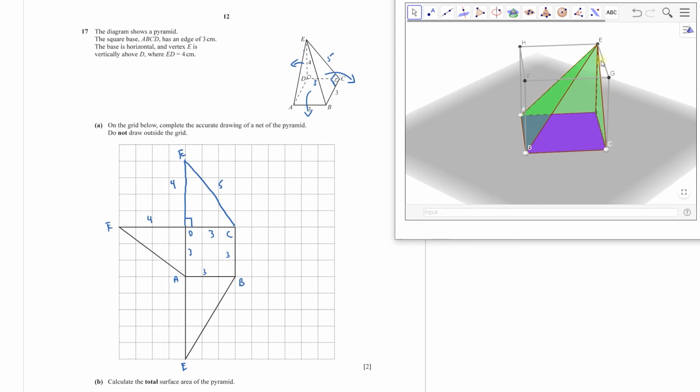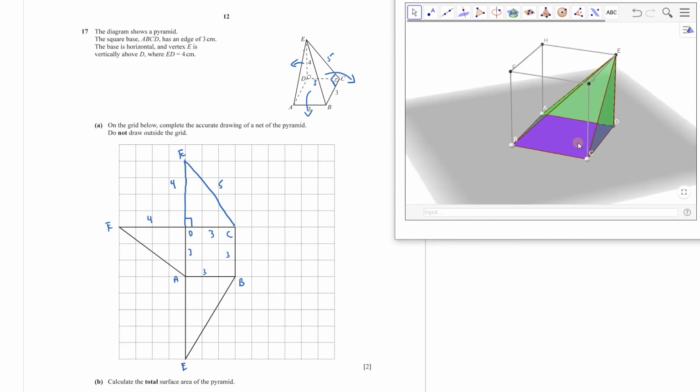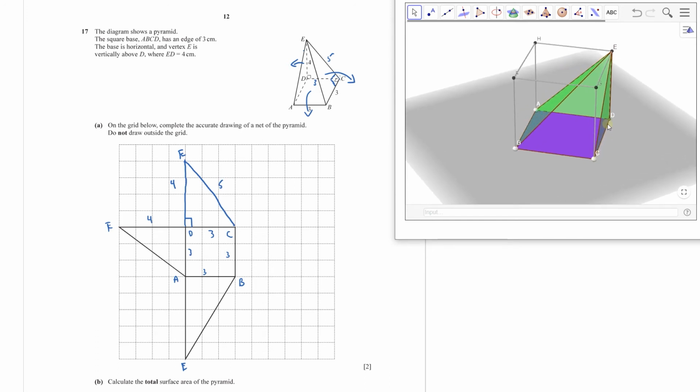But since E is directly on top of D, this line here goes in this direction, but it is raised because it's going in this 3D direction. It is going above this point D. So both CD here at the bottom and this CE here make an angle of 90 degrees.